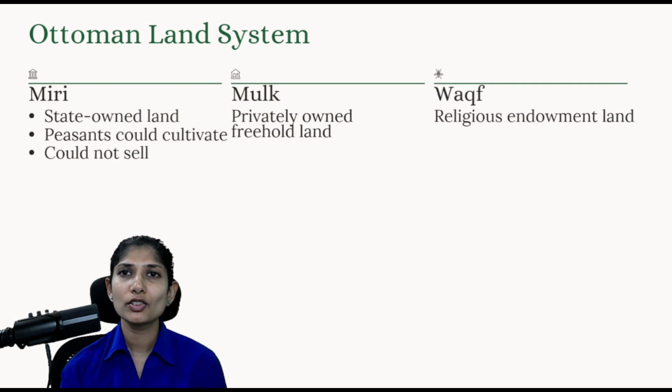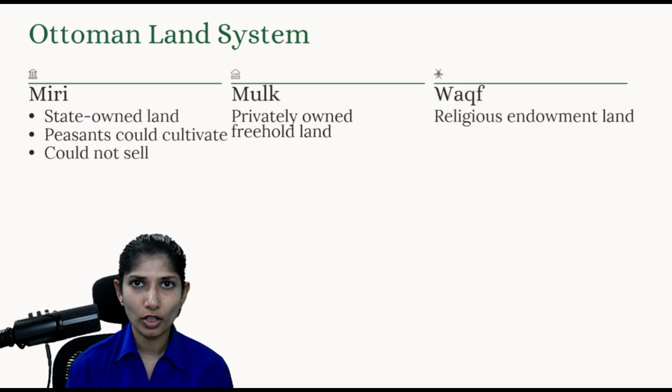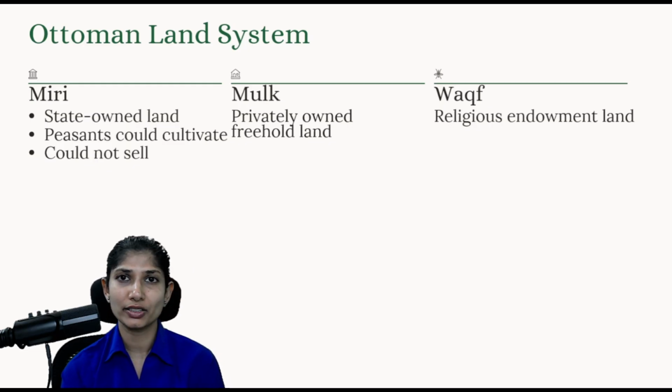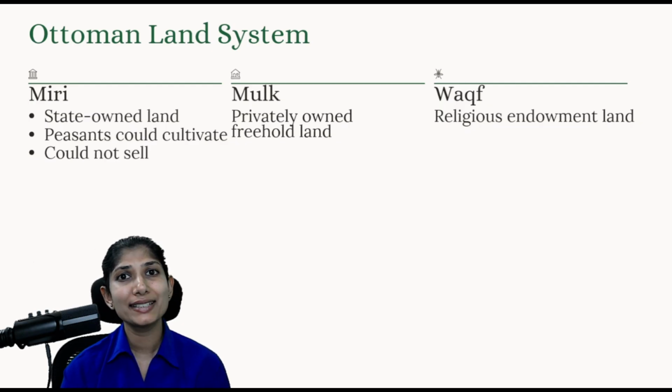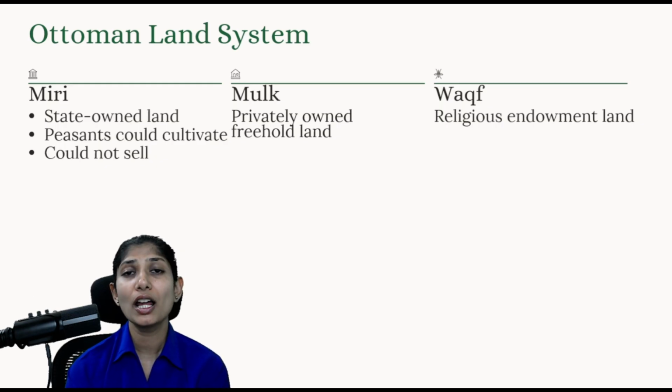Miri is almost like government land. Whatever piece of land comes under Miri is all government land. The people, especially the farmers, could use that land for cultivation and agricultural practices, everything. But they cannot sell that land, because they do not own it. The government owns that piece of land.